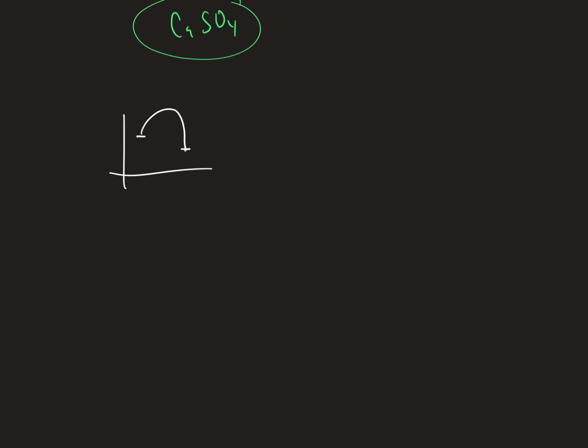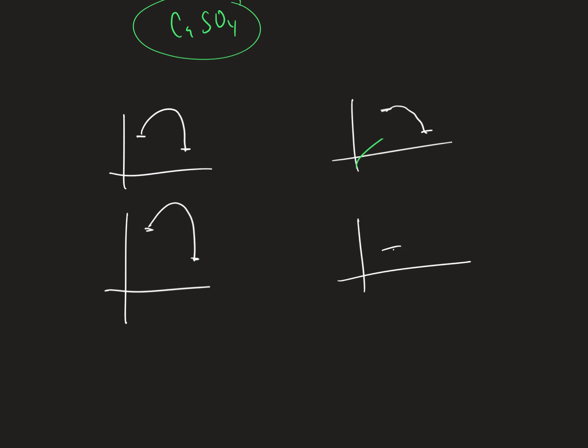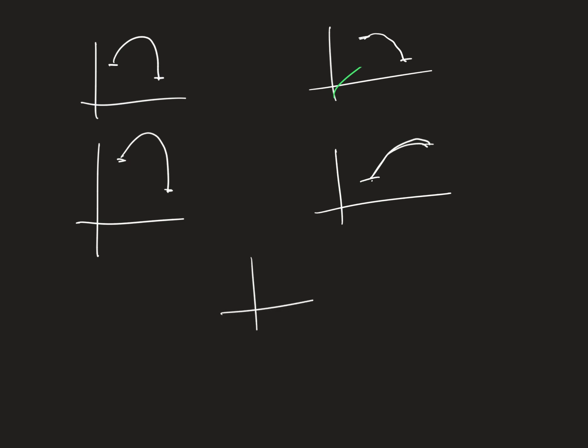I understood the slow reaction, but I guess the large negative free energy change. And then we have one that's like this, and one that's like this, and one more, and one more.